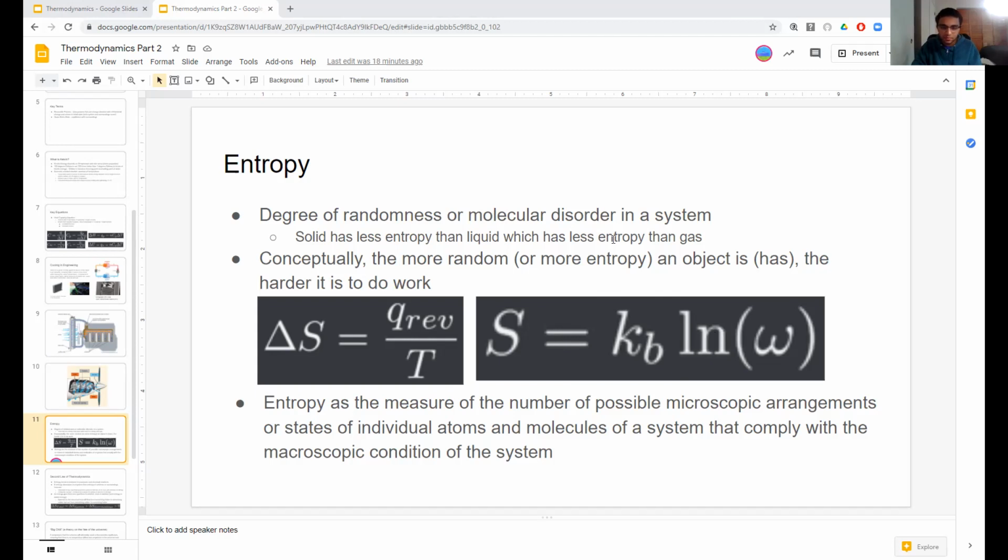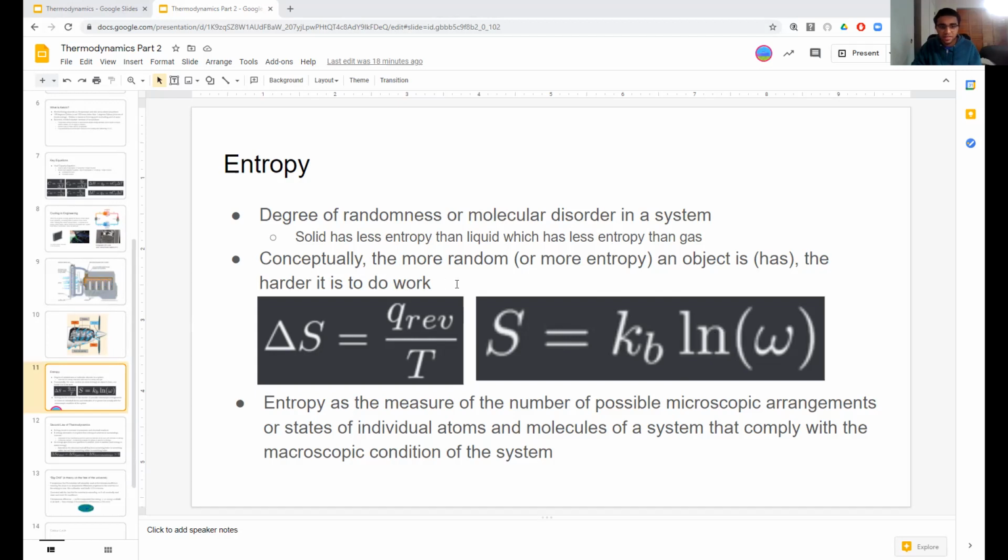So the universe tends toward chaos and disorder because there are so many different microscopic arrangements, but really only a few of them give you a system of order, like a solid, for example. A solid has less entropy than a liquid, which has less entropy than a gas, and that has to do with the ordered configurations. It's a bit of a complicated idea, but it's still very fascinating.